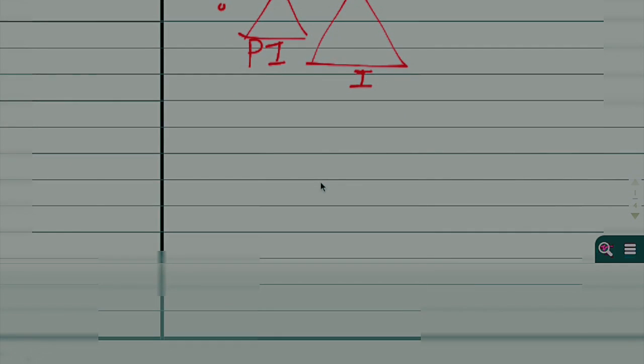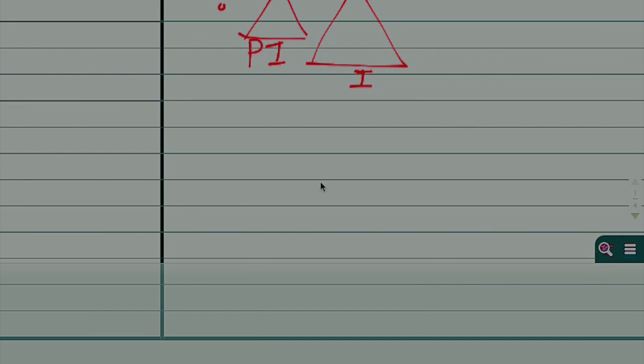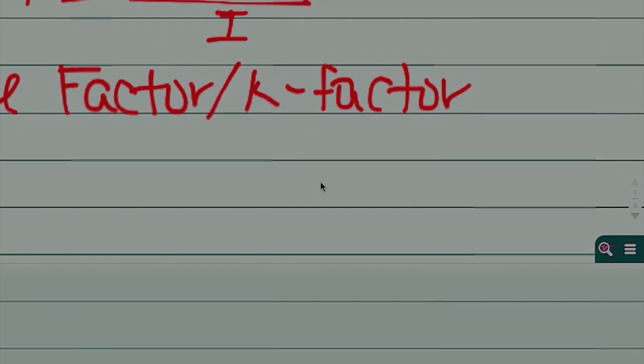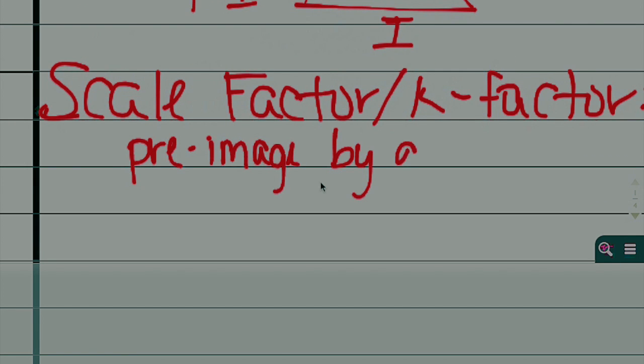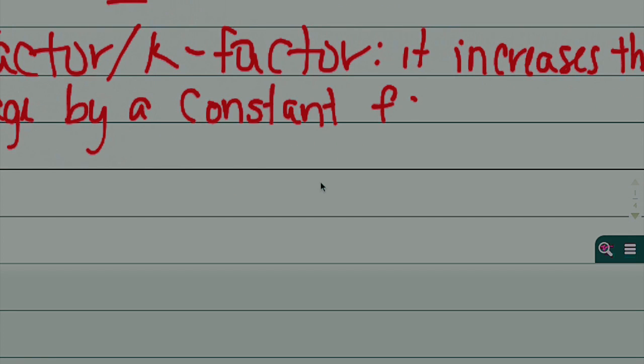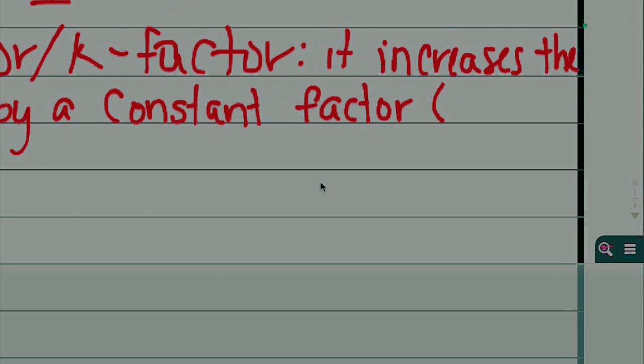Okay, so the next one that we need to know is what scale factor means, also known as the K-factor. A scale factor and K-factor are similar in the sense that it increases the pre-image by a constant factor, which you can think of as either multiplication or division.